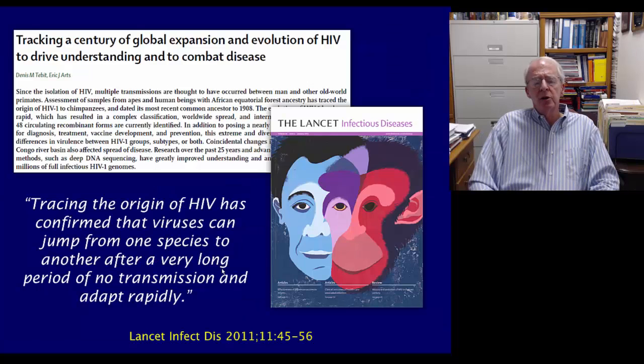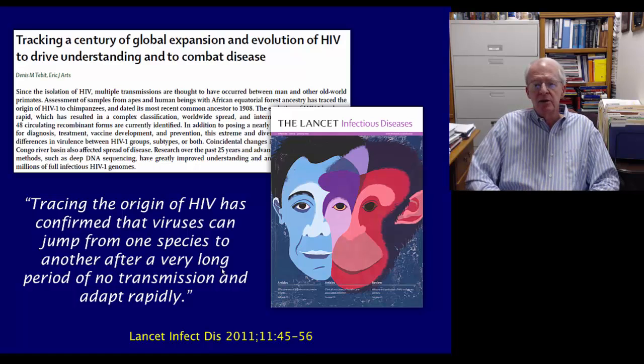Now we'll focus a little bit more on issues related to cross-species transmission. Here's a quotation from a Lancet Infectious Diseases article in 2011. Tracing the origin of HIV has confirmed that viruses can jump from one species to another after a very long period of no transmission and adapt rapidly.